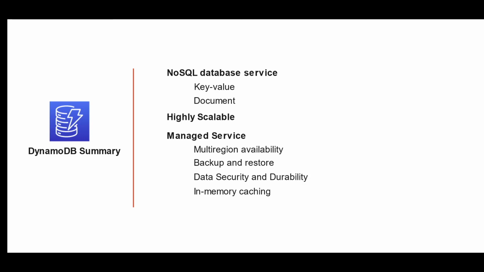In terms of security, it is built in with default encryption at rest, and it is governed by IAM, which is identity and access management, to restrict the user access to only their table, and you can have other AWS features as well to enhance the controls. And then it offers in-memory caching with DynamoDB Accelerator that helps to improve the read performance significantly.